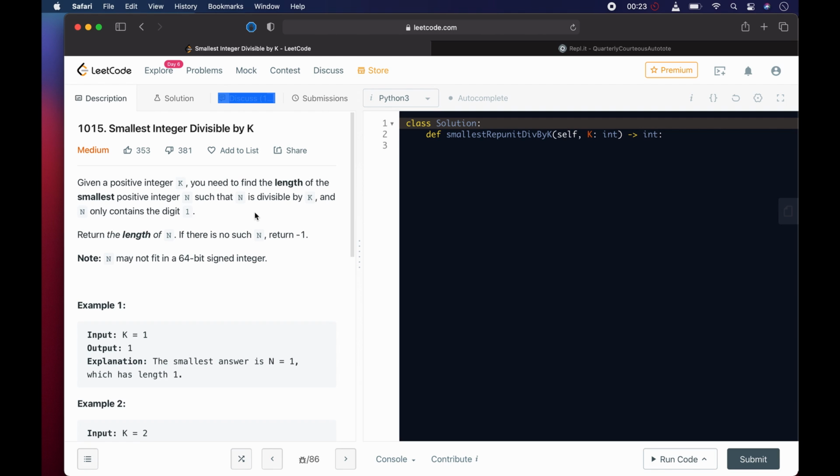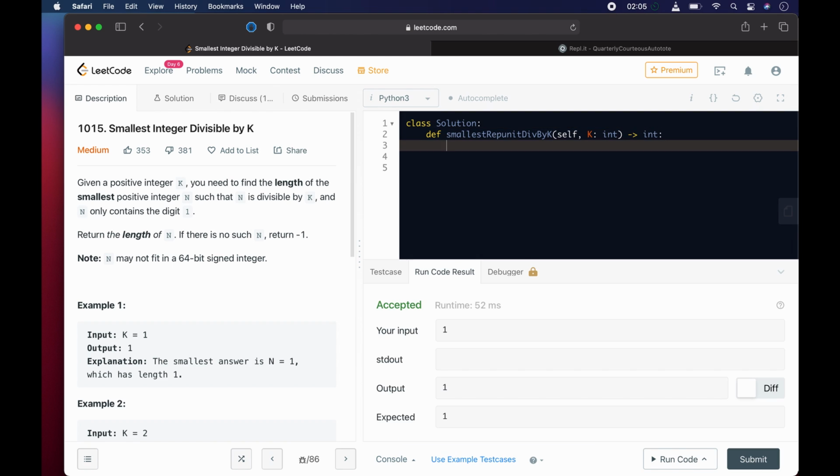If ever we get the modulus of the number, and we start off with 1 and then progressively increase it to 11 and then 111, and so on and so forth, we return the length after we get the modulus by dividing it. So first things first, we check the modulus of k by 10.